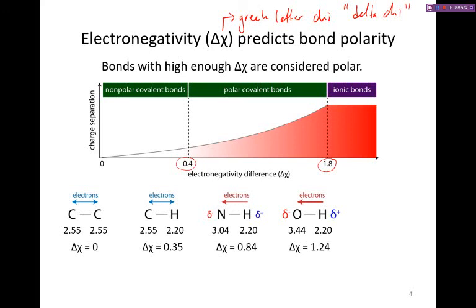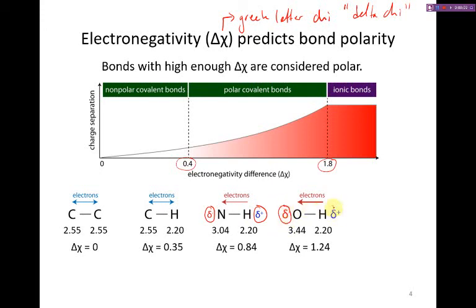Since the oxygen-hydrogen bond is more polar, there are larger partial charges carried by the oxygen and the hydrogen. And these are depicted by the lowercase Greek letter delta, with the positive or the negative charge.